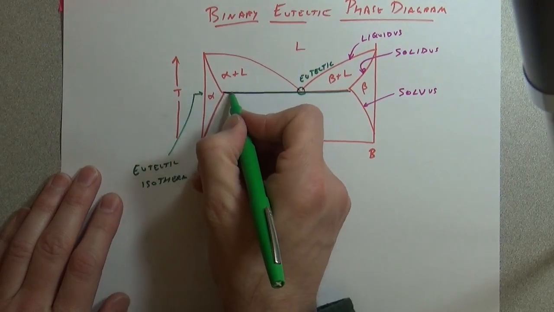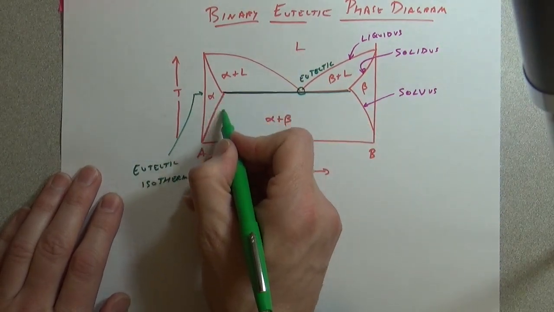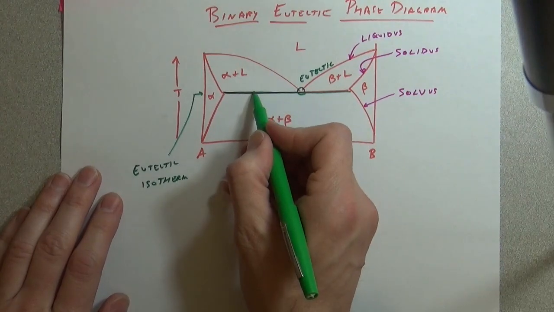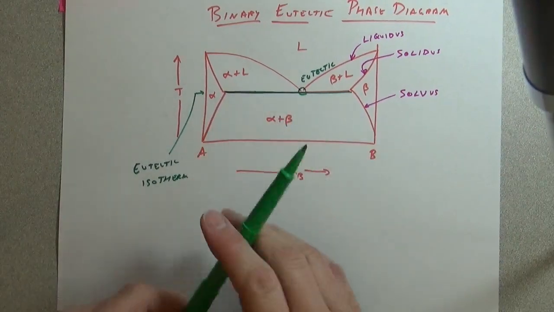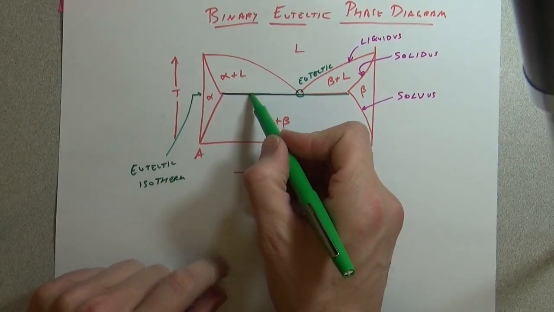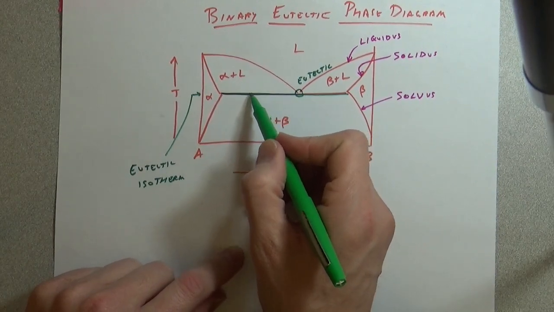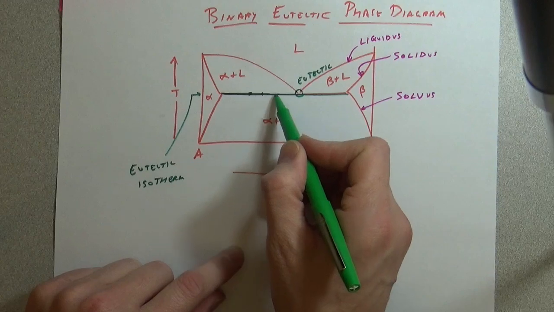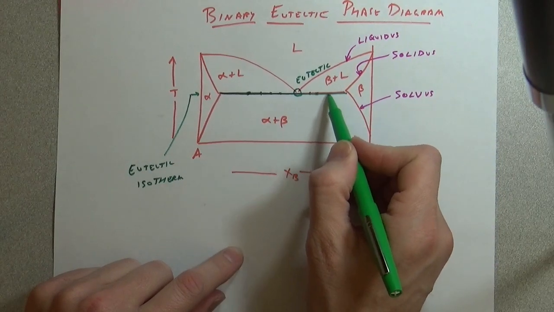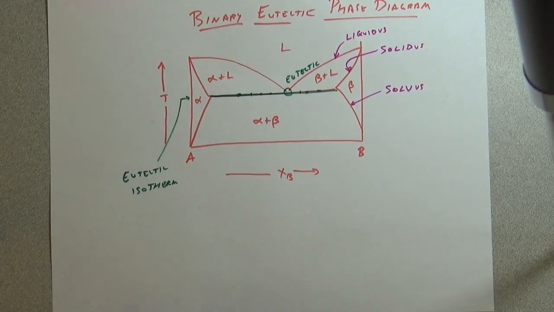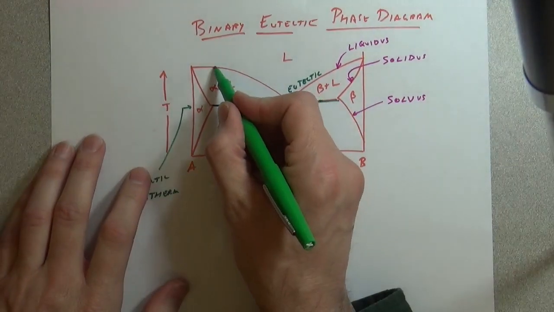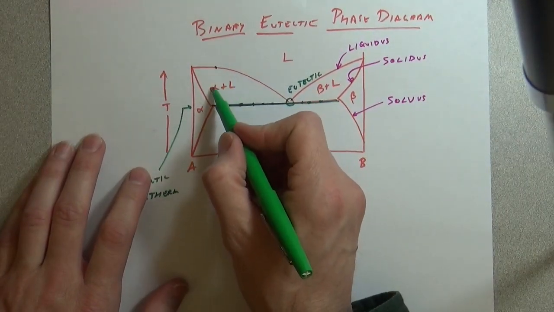Anywhere along this temperature between these compositions, you pick a spot there, you're going to have alpha, beta, and liquid present. So anywhere along here, you're going to have three phases that coexist.